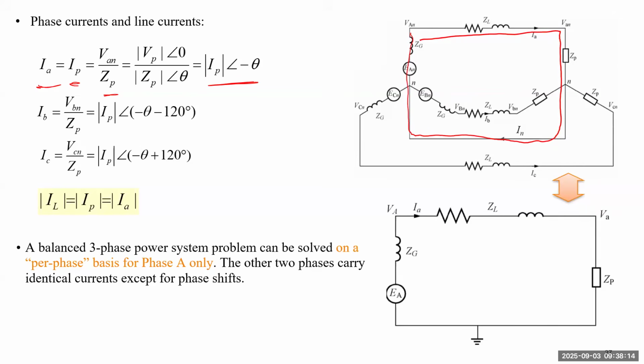Whatever you calculate on this circuit, voltage and current, you can easily get for phase B and phase C. So you only study the system as a single phase circuit, then duplicate the answer with some modification to get phase B and phase C. We only need to utilize Kirchhoff's voltage law for this circuit.